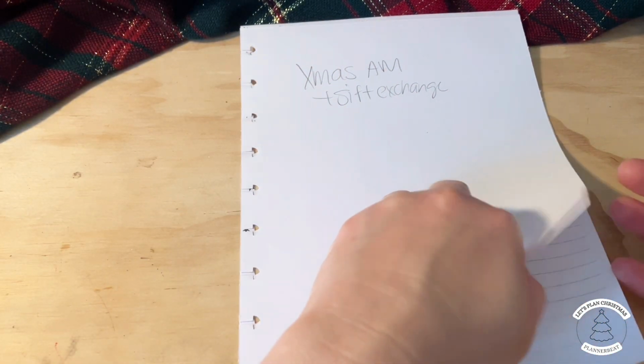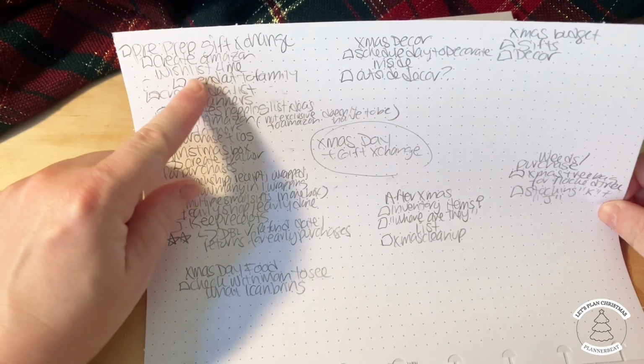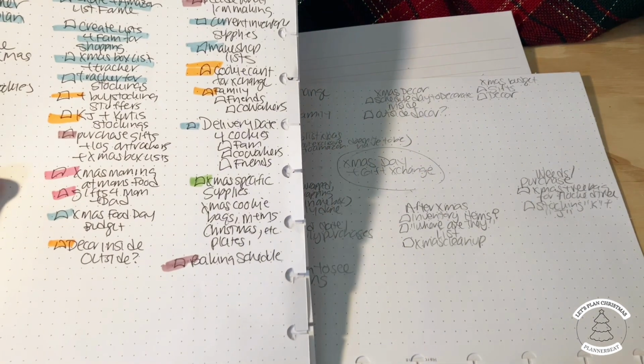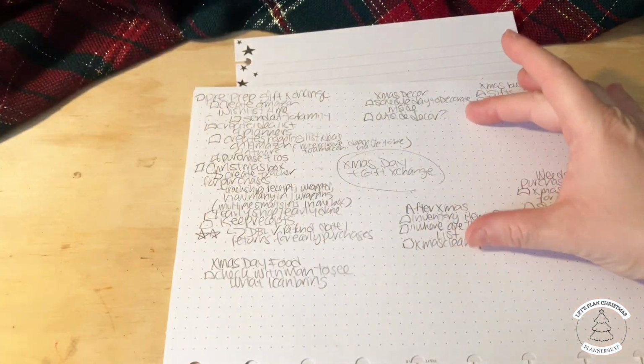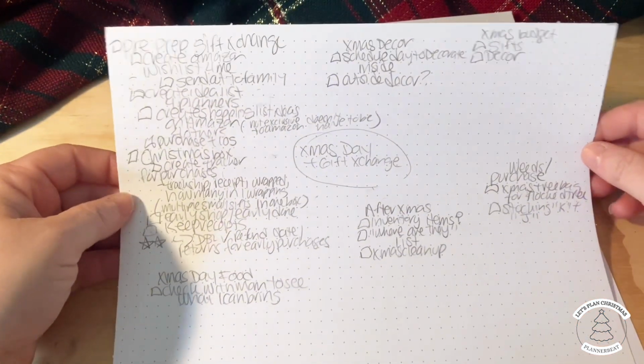Christmas morning and gift exchange. This one's a little bit bigger. Here's what I needed to do. I'm kind of getting lost in all my notes here. Okay, so here's all of that. And I broke it down farther into this visual mind map for myself. You don't have to.